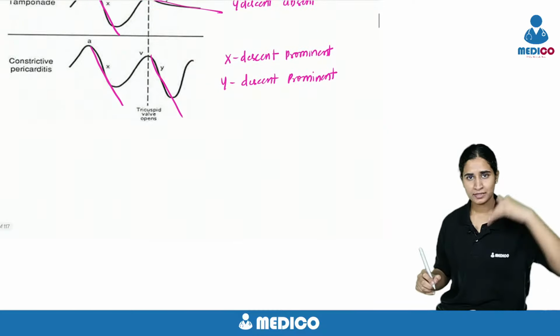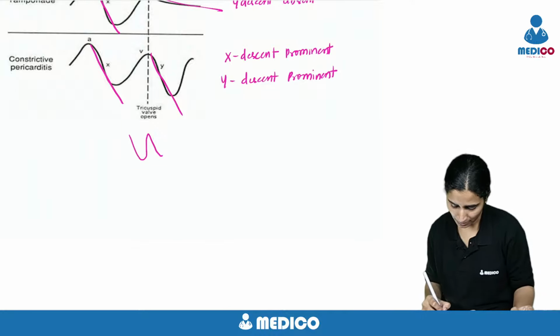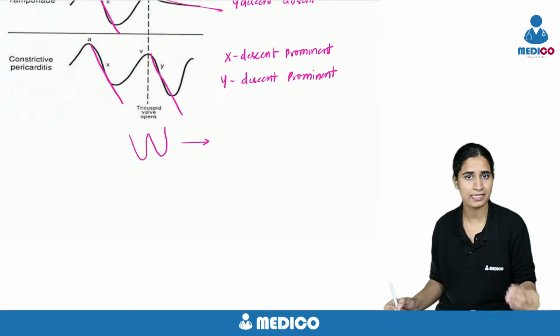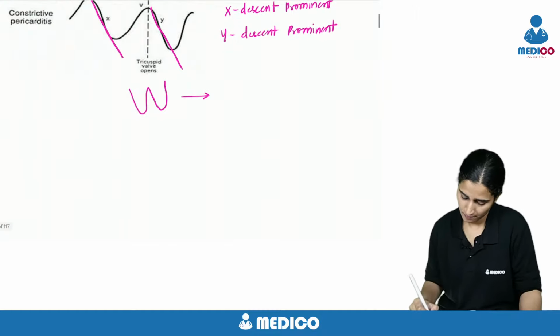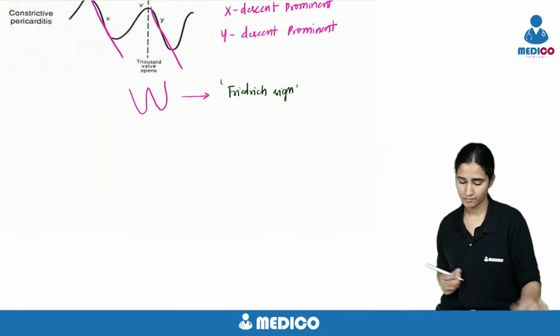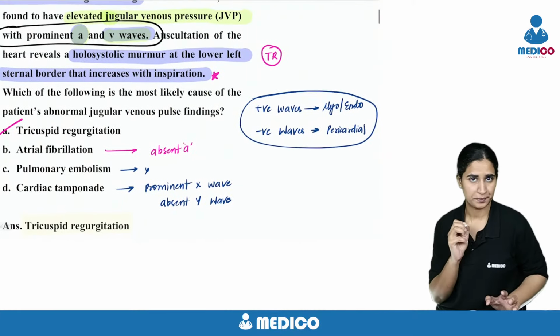Because of the prominent X and Y descents, it looks like a W, right? That W pattern of JVP in constrictive pericarditis, you call it Friedreich's sign. So now you know every important point of JVP, right?